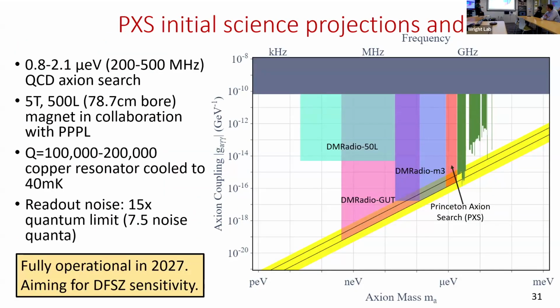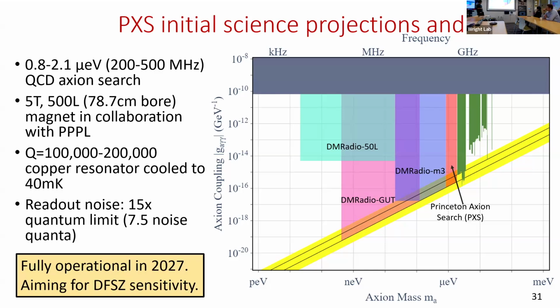So, to summarize the work on PXS. We are doing a QCD axion search between 0.8 and 2.1 micro-eVs, 200 to 500 megahertz. This involves a very fruitful collaboration with PPPL on this new large bore niobium-3 tin conduction-cooled magnet.